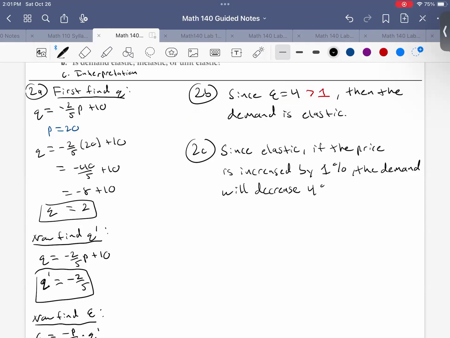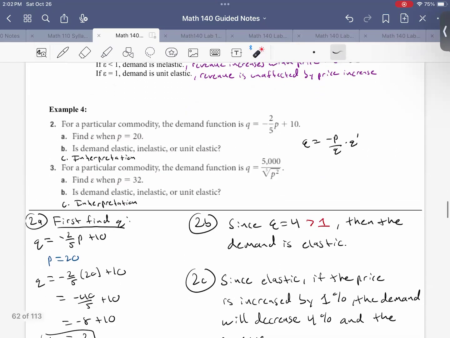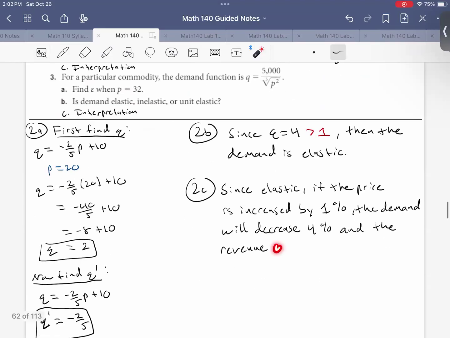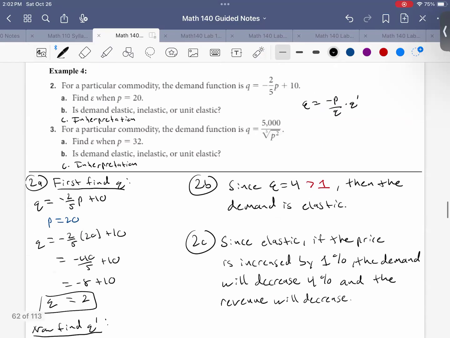So decrease by 4%, and what happens to the revenue? It decreases. And the revenue will decrease. Okay. So that's it for part C and question 2 overall.